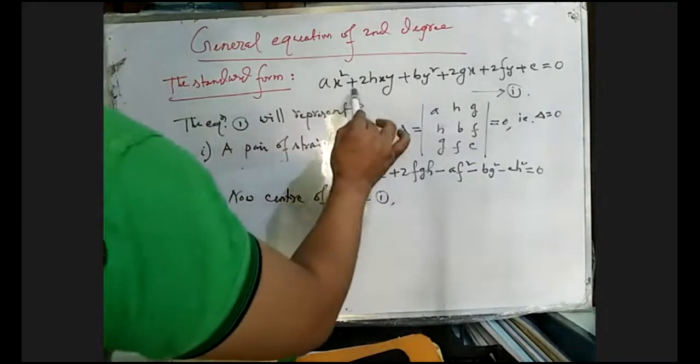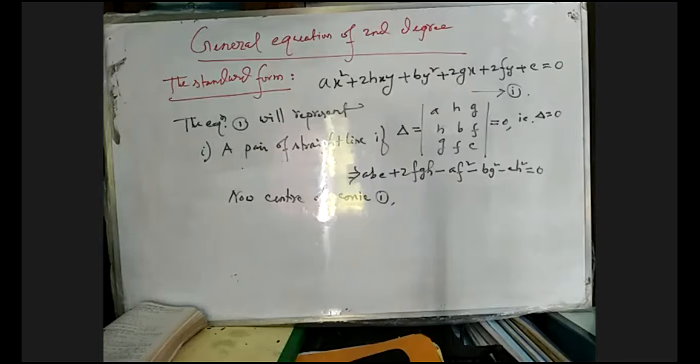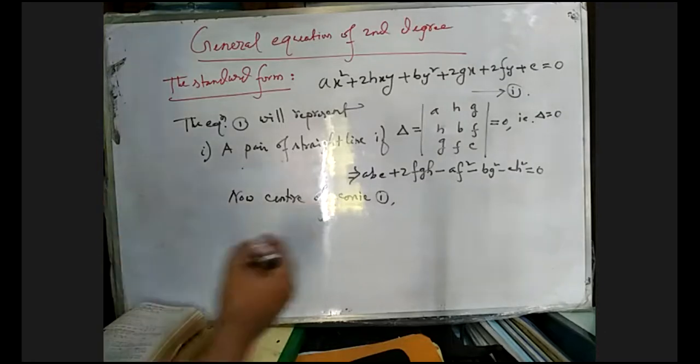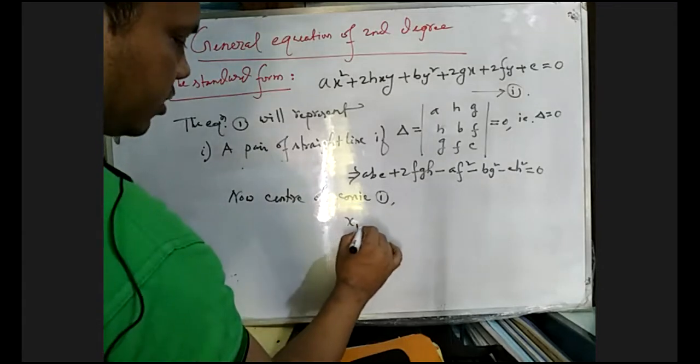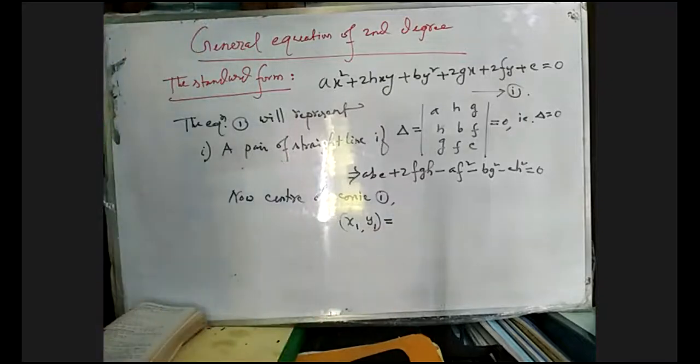So how can we find the center of this conic? We can find it by differentiating on both sides. Suppose x1 and y1 will be the center of the conic.